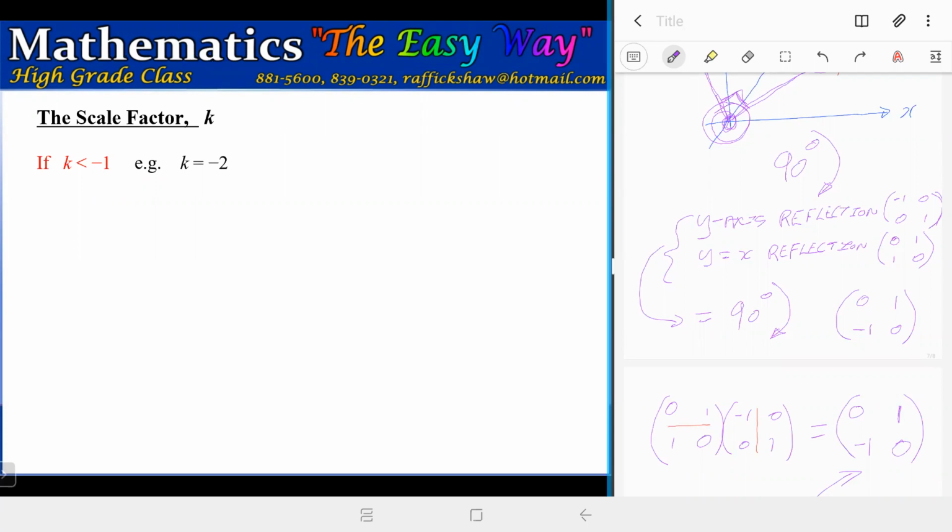All right, so let's look at it. The image is larger. Why is it larger? Because of the 2. It's larger than the other, but it is inverted on the opposite side. Why is it inverted? Because of the negative.